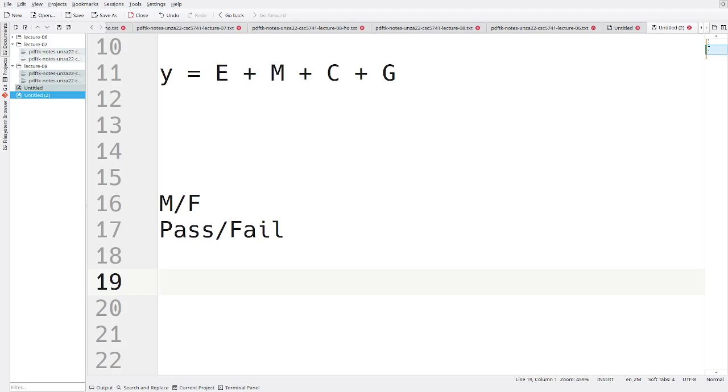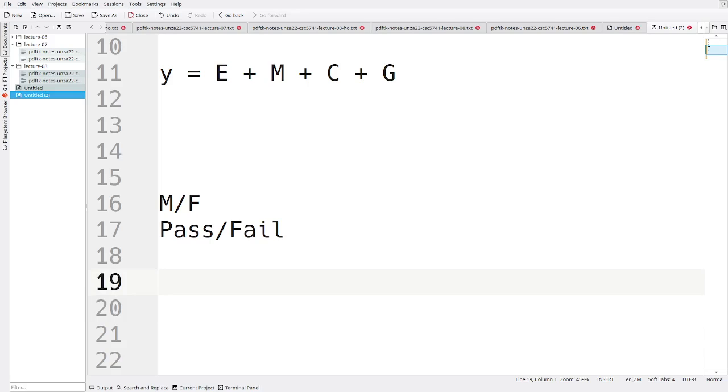So the prediction of these categories could either be of two values, or you could be predicting more than two categories or values.